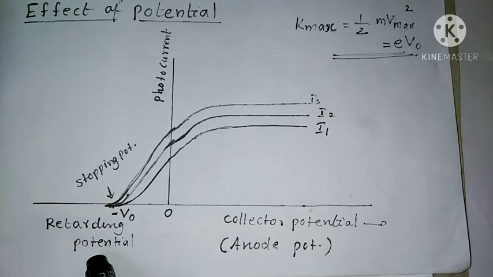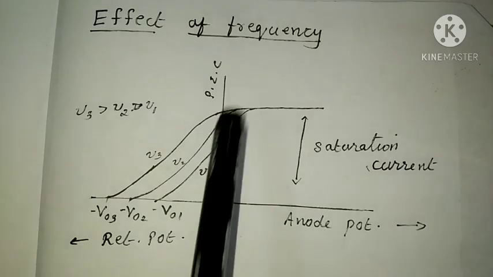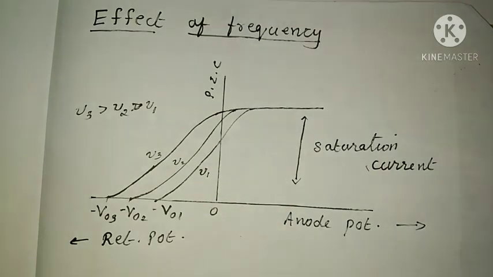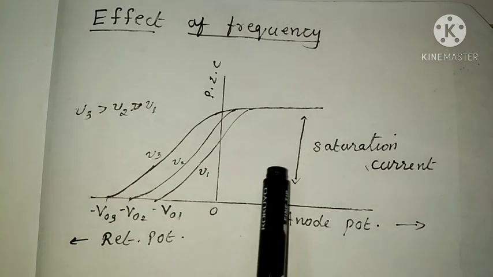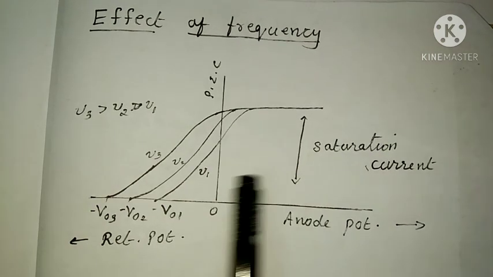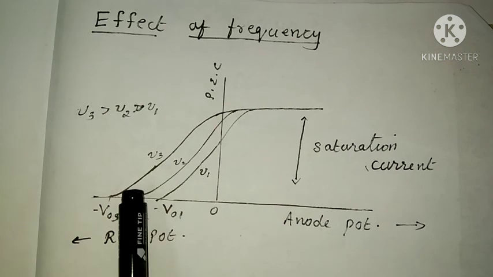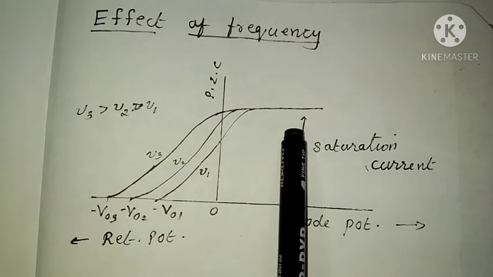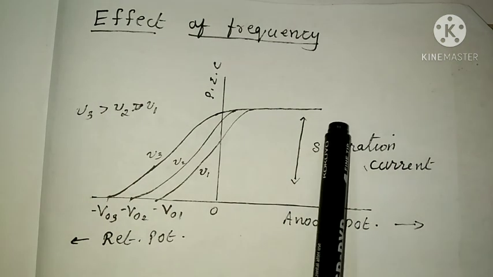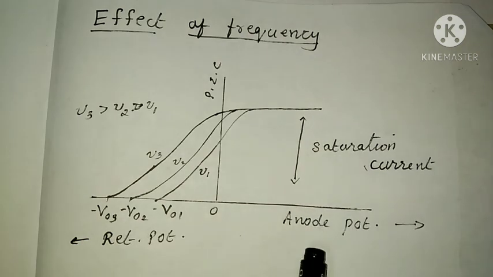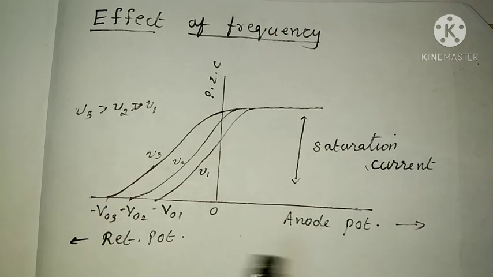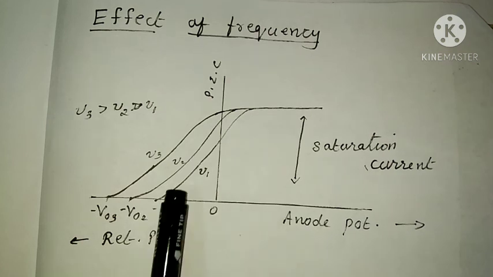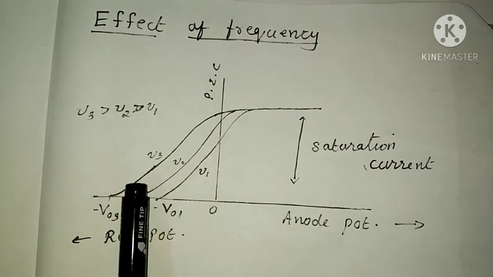Clear? Now the third one, the effect of frequency on photocurrent. Here you keep the intensity fixed and change the frequency. When you keep the intensity fixed, you get the saturation current like this when you change the polarity of the collector and emitter potential. So when you change the frequency, what happens?